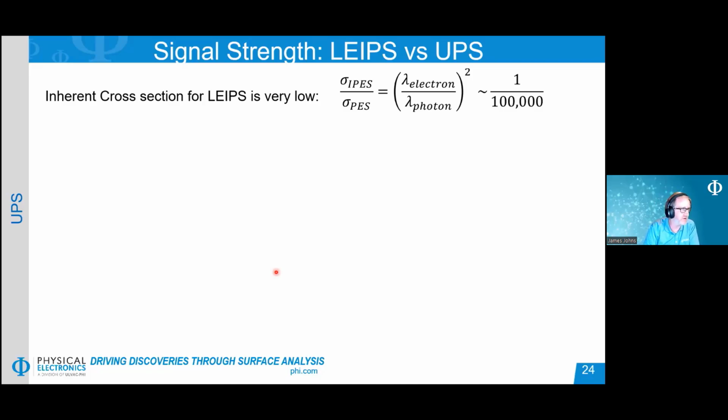The magnitude of the signal in UPS is much higher than the signal for inverse photo emission. And there are unfortunate physical limitations to that.